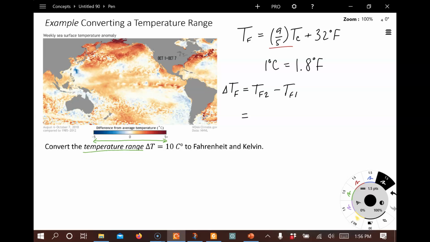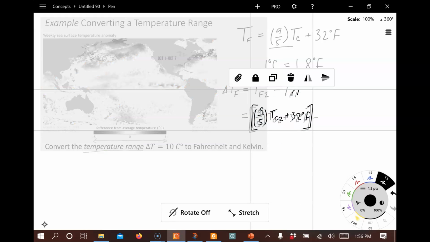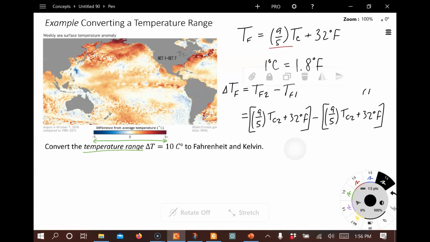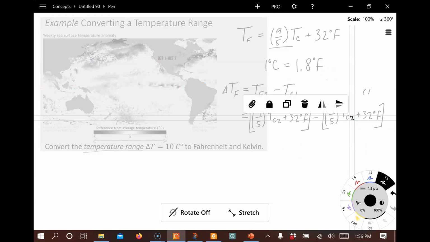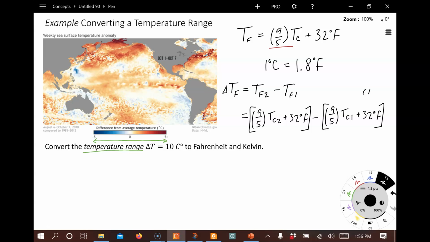So TF2, if I use the formula here, would be a C2 value. And then I'll subtract the same conversion for a second one. And of course, this will be some other point temperature.